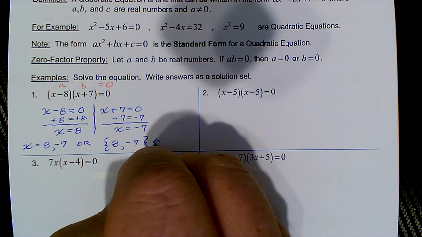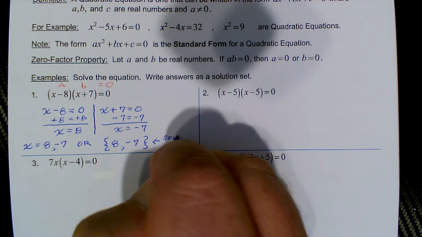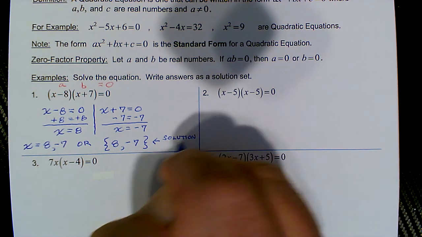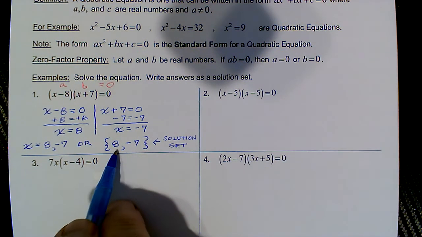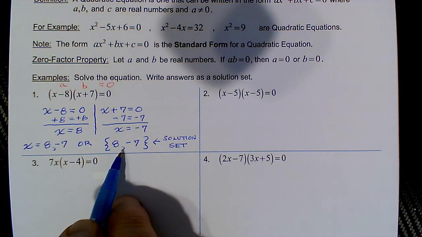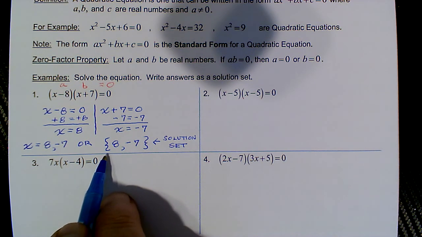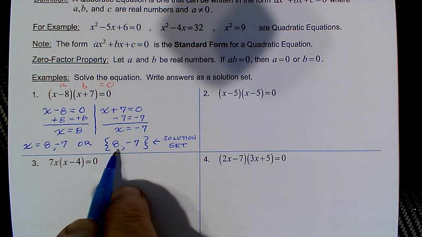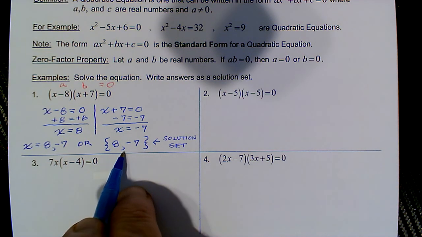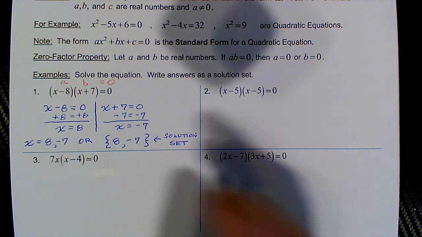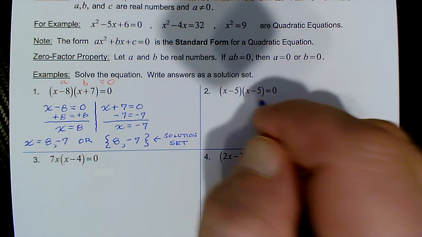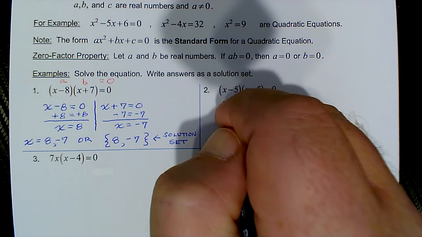And when we do put them in braces, this is referred to as the solution set. So when we have a set of numbers that satisfy an equation, we write the solution with braces and separate the numbers by commas. So either way would be appropriate.